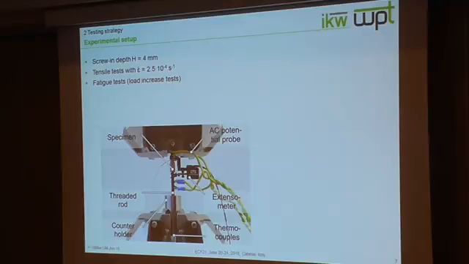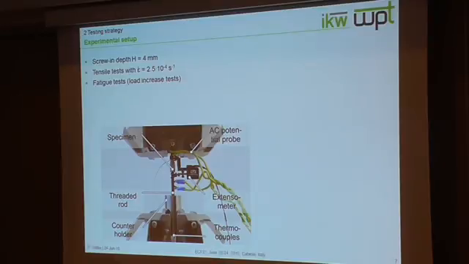The screw-in depth was 4 mm for every specimen, so this was constant. Tensile tests and fatigue tests were performed. Tensile tests were strain-controlled with a strain rate, and fatigue tests were performed load-controlled. The load increase test is shown in the next slide.